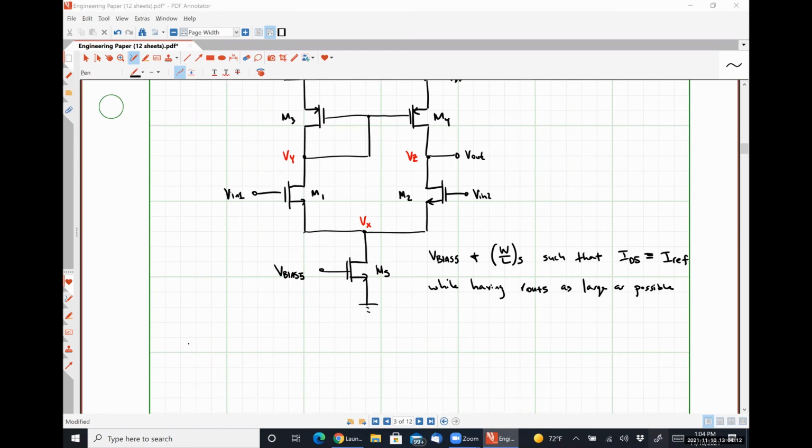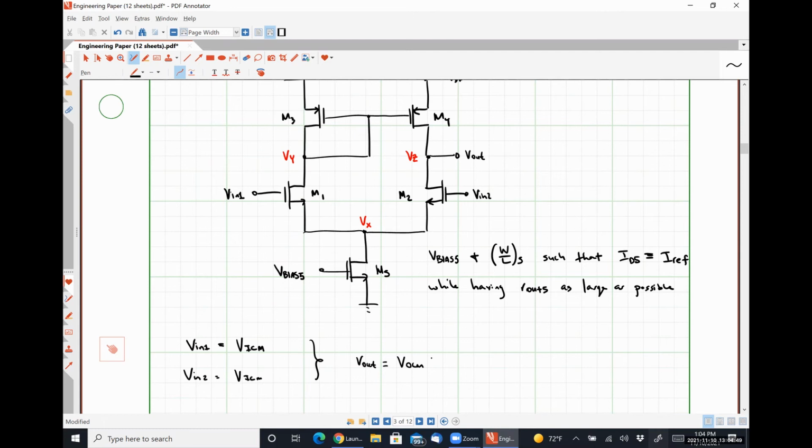So let's say that we have VN1 is equal to some quantity VICM, which is also a DC common mode signal, and these guys will wind up generating an output common mode signal.